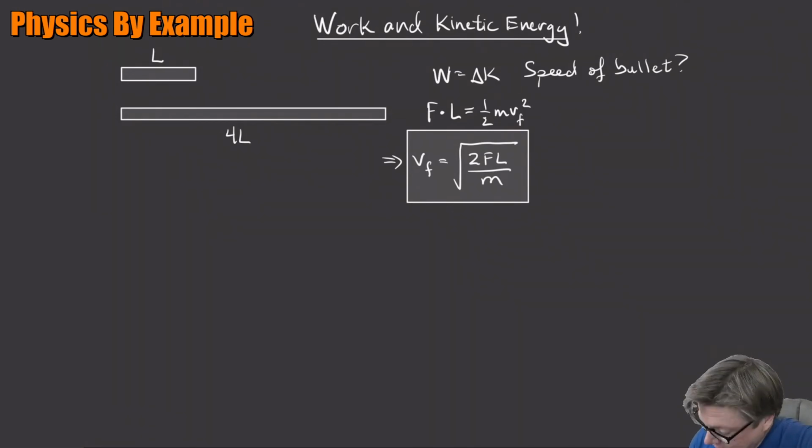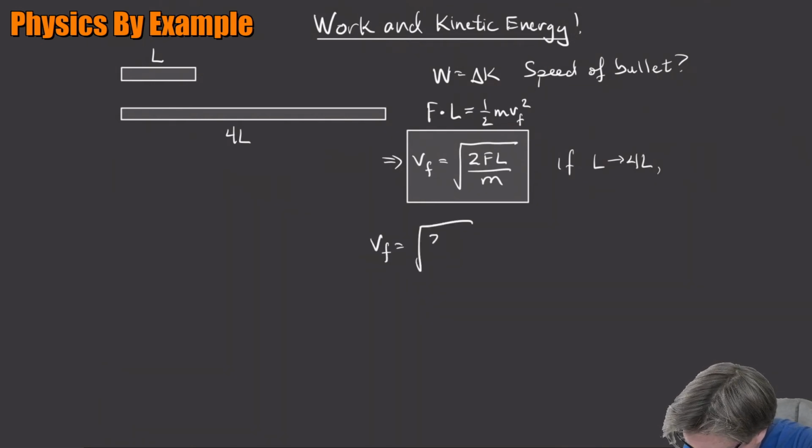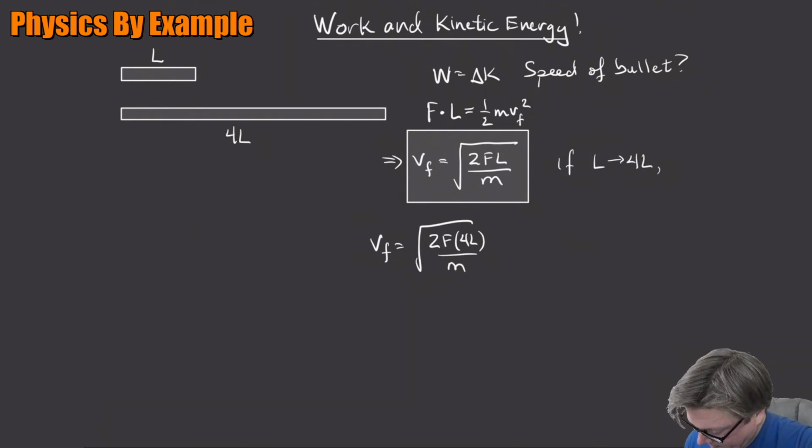All right, so let's see. If L goes to 4L, then what have we got? V final is the square root of 2F times 4L over M. But instead of multiplying out to make that an 8 in the numerator, look, the square root of 4 is just 2, right?